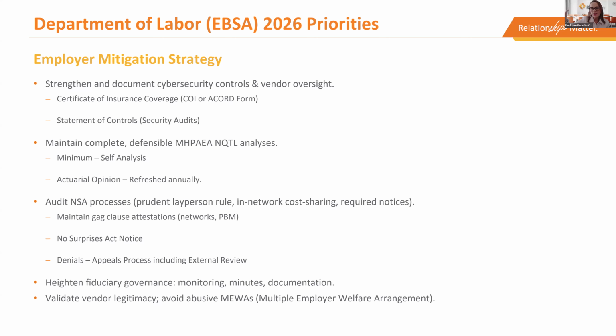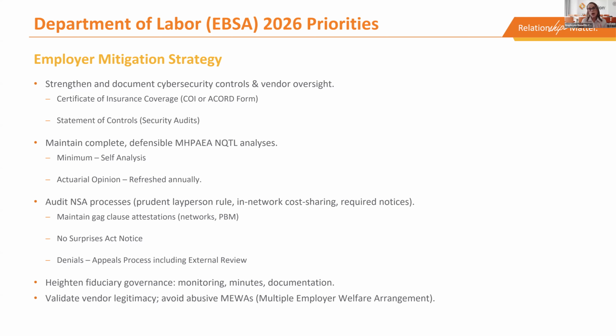Maybe you have a friends and family tier. Maybe you have a reference network tier. Each network needs that attestation, even clinically integrated networks that are quite common across the nation. Even if you do delegate that responsibility and somebody is performing that, best practice is that you have a copy of each of the attestations from each network and each PBM.